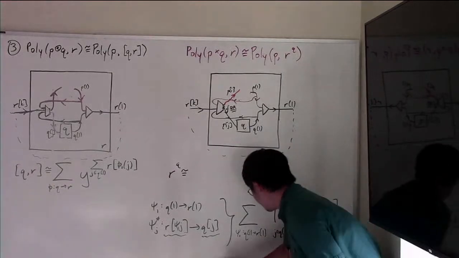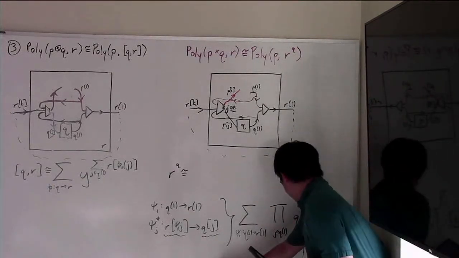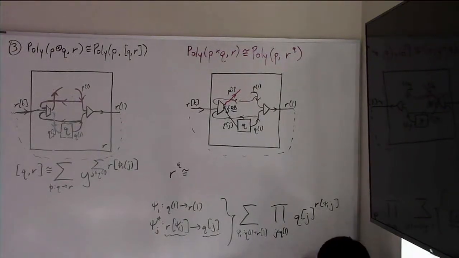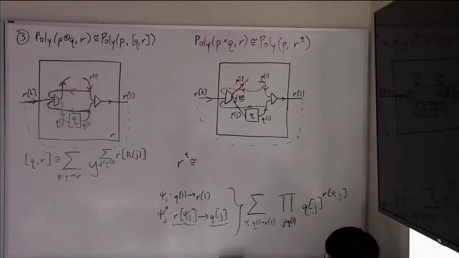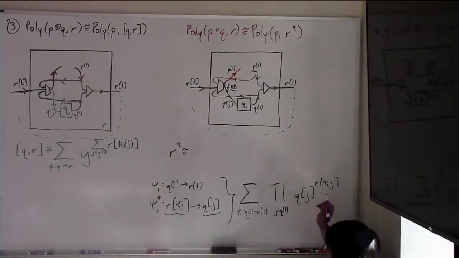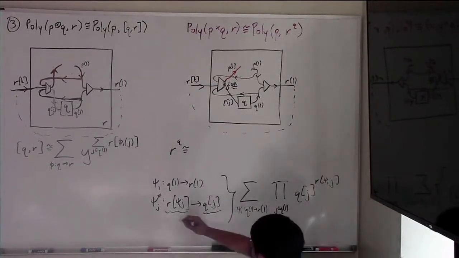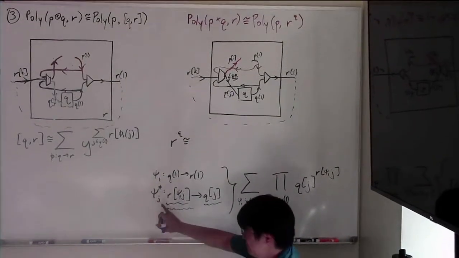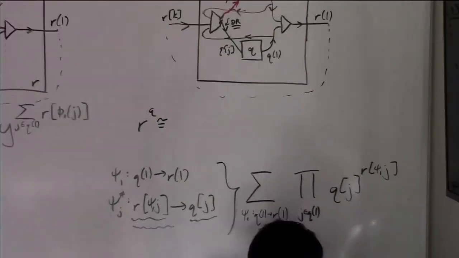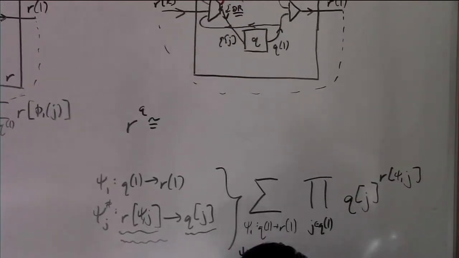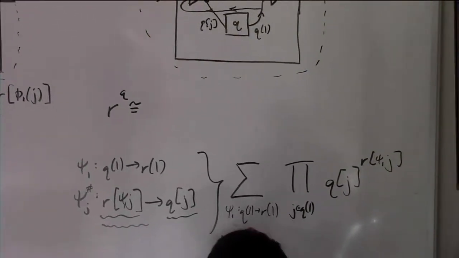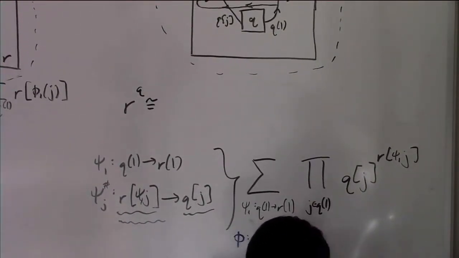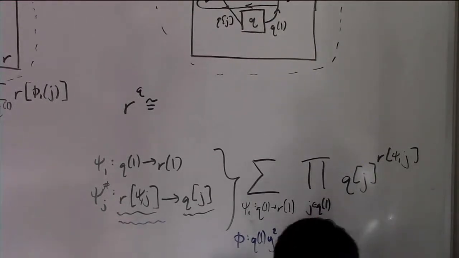So instead, let's think of this as a polynomial morphism, so we only want some of these. We're going to isolate out a subset of these directions of R for each position of Q. And the way we're going to do that is by thinking of this as this new morphism phi, a morphism from Q of 1 y squared into R.